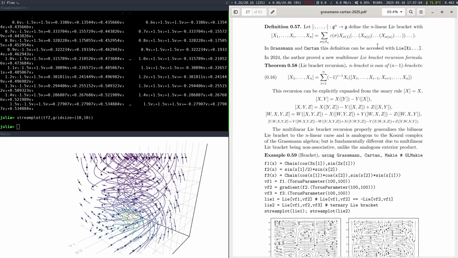A while back, I uploaded a paper where I proved that there's this multilinear Lie bracket recursion formula, and what the proof of that formula is, and how it expands into higher order Lie brackets.